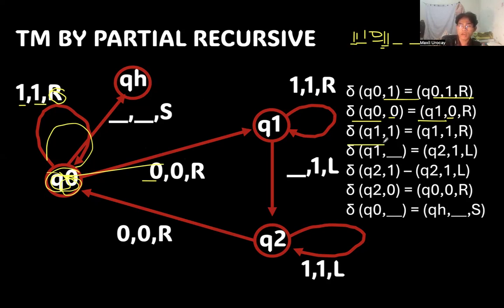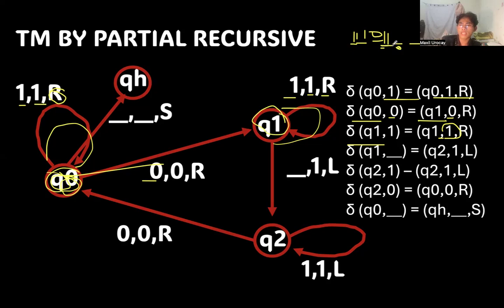Here we have the transition of Q1 on 1, our output will be 1, and we move right. So our machine moves right over the 1s in Y, and then the head moves to the blank space after Y. After we visited the 1s, we are in Q1 already.